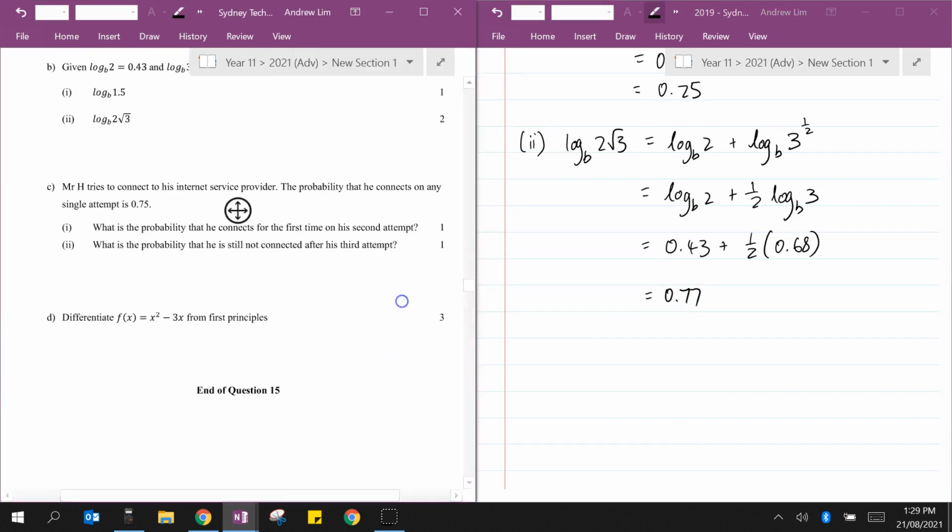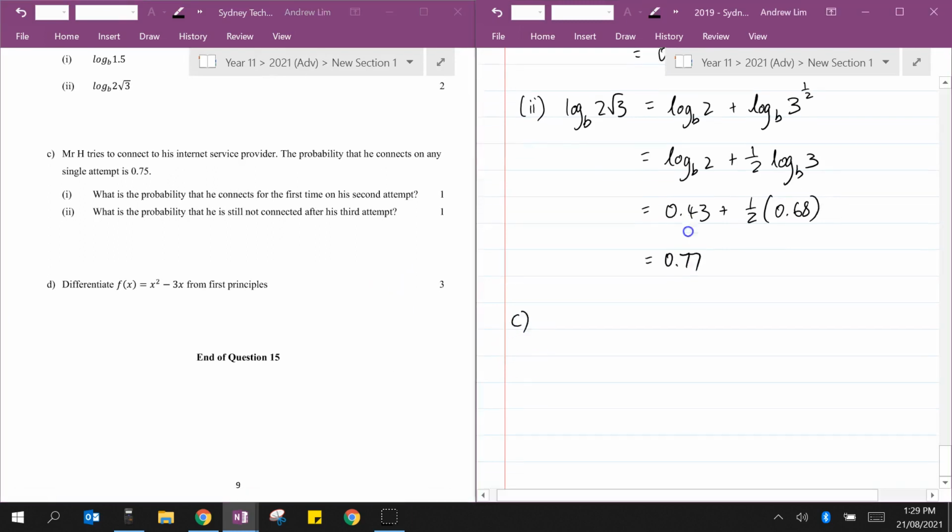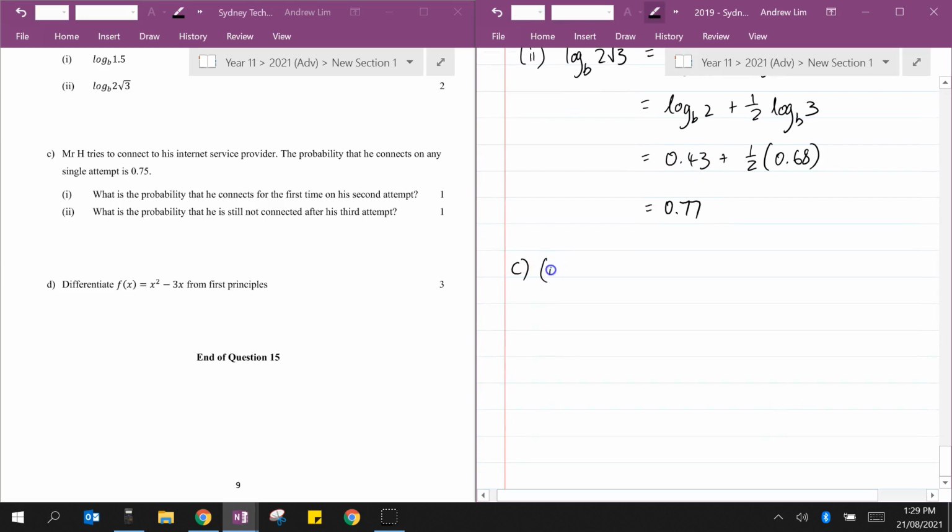Okay, part C. Part 1. Mr. H tries to connect to his internet service provider. The probability that he connects on any single attempt is 0.75. What is the probability that he connects for the first time on his second attempt? So that means he must have failed the first time.